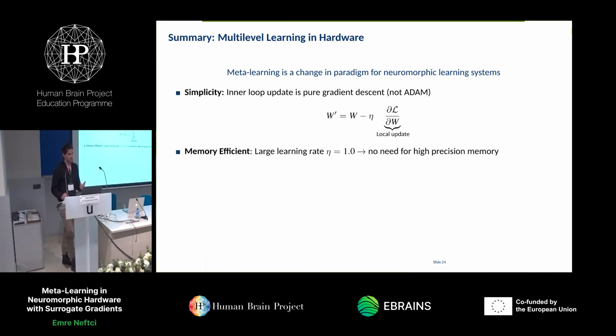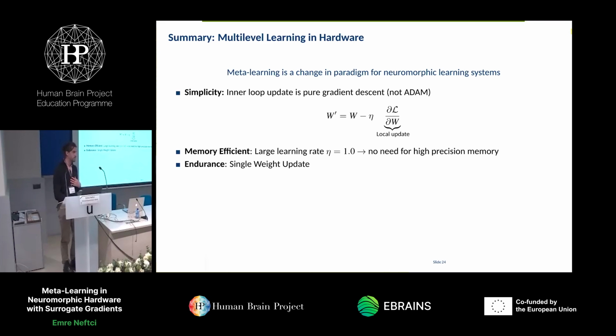It's very memory efficient. This is especially interesting from a hardware point of view, but also from neuroscience. You don't need a lot of bits to store weights. If synapses are in the 5 bits range, well, that's not good enough for doing machine learning in most cases. Well, it turns out you don't need that, because if you're learning quickly, you need to make big updates anyway, and big updates means that you change the weights a lot, relatively speaking.